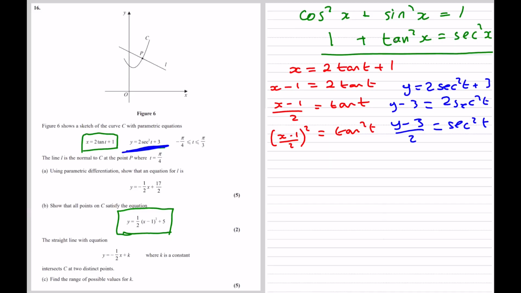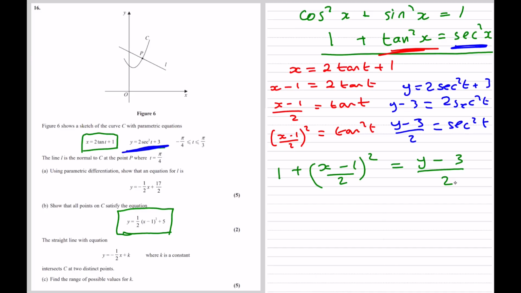If we substitute in for these, we get rid of the tan and the sec, and we just have x's and y's left. So let's substitute in. So 1 plus x minus 1 over 2 squared equals y minus 3 over 2.